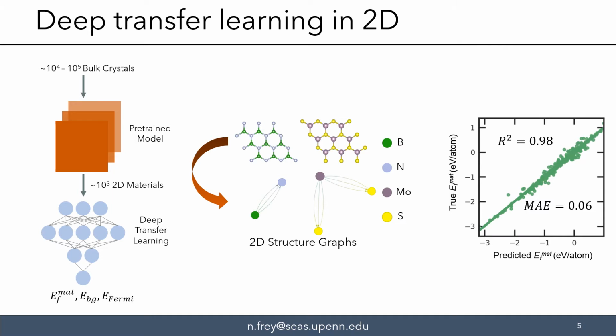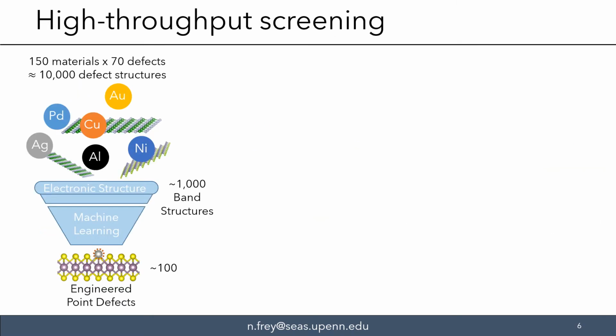It does very well. After identifying around 150 host 2D materials that might be useful and interesting for the applications we have in mind, we can identify those materials either by looking up things like their band gap and stability in a database, or by predicting them using our deep neural networks.